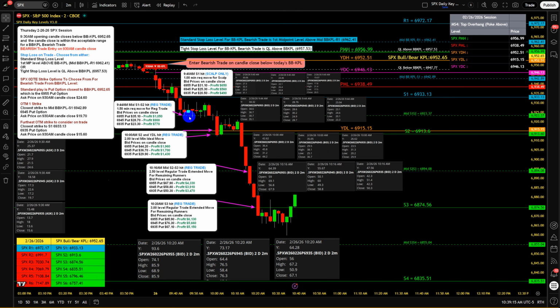One option is that you can simply exit the trade like you did on a scalp and exit all of your contracts. The second option is that you can adjust your stop loss to break even, being the price you paid for the option, or break even plus a profit buffer.